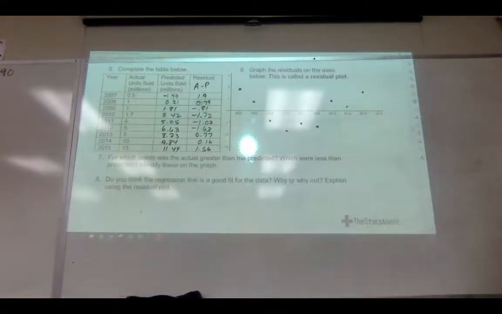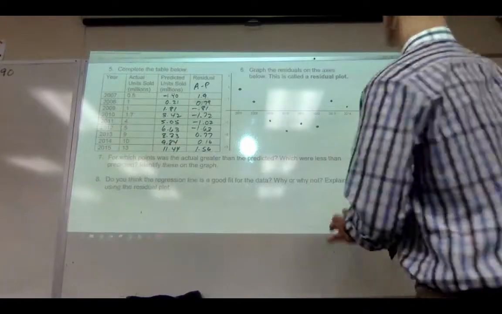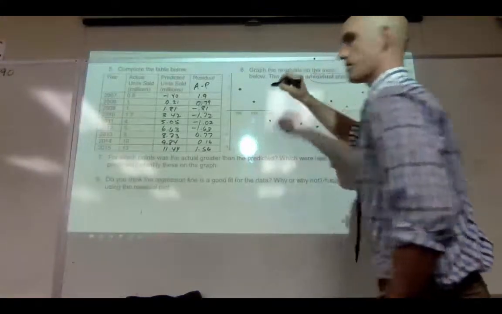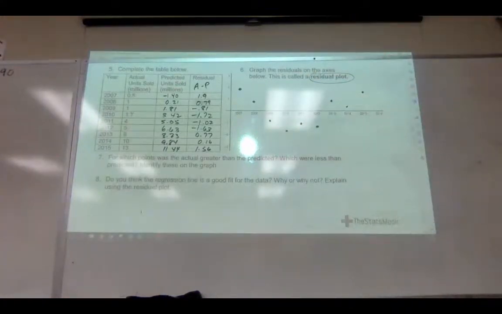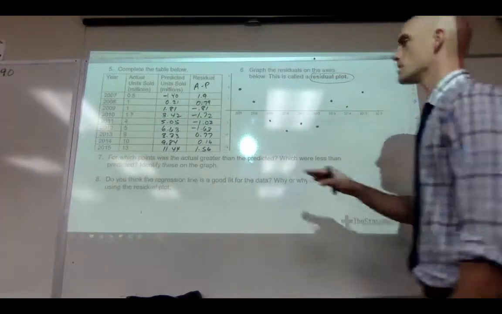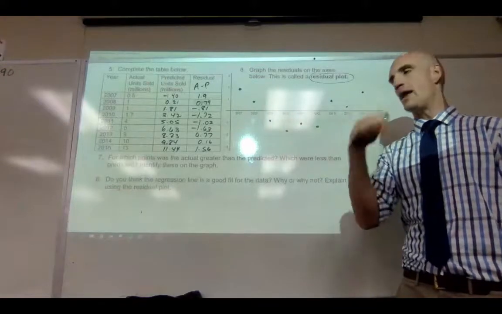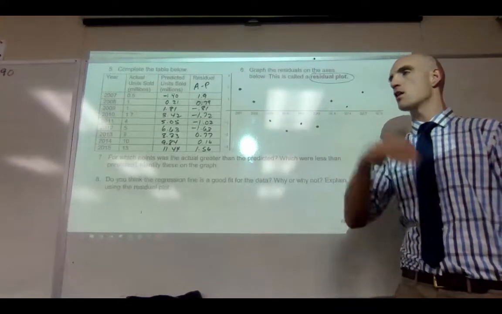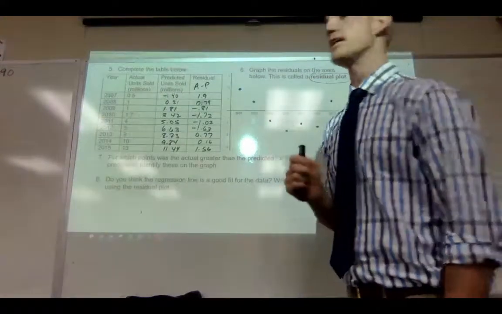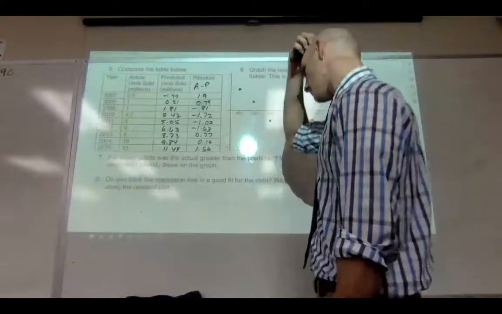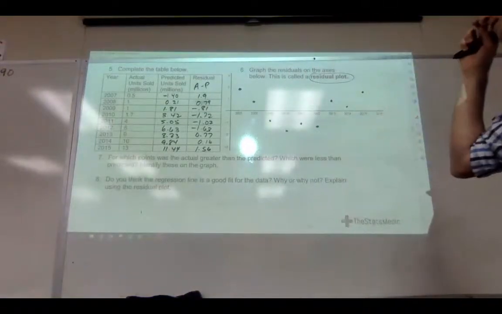Here's why this is significant. This is called a residual plot, because it's a plot of the residuals, like its name says. What we're going to do with our residual plot is look for a pattern. The pattern is going to tell us what type of form our data takes. So let's look at this for example. For which points was the actual greater than the predicted?